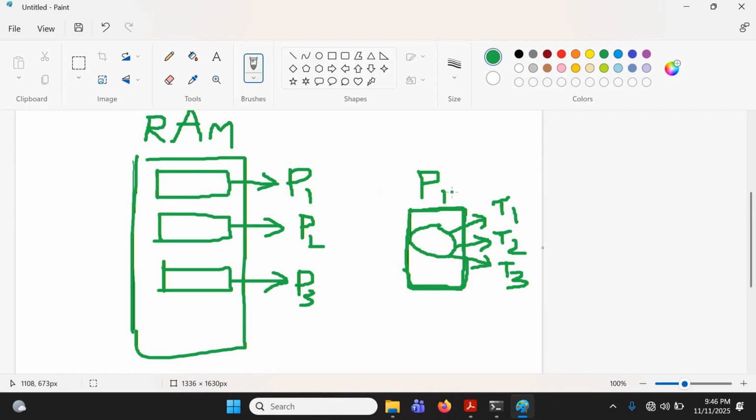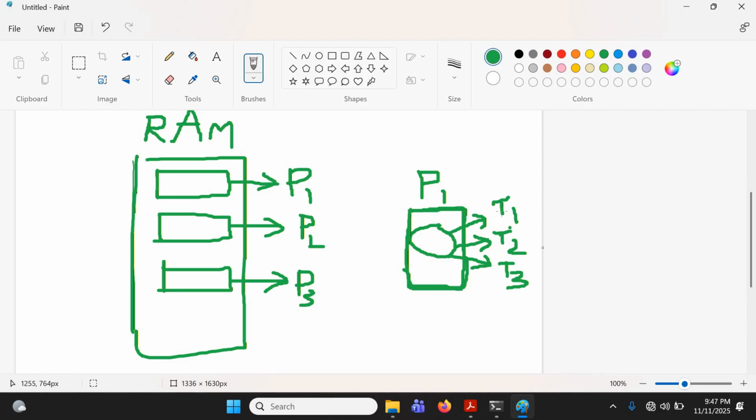We write the P1 program to accomplish a particular task, and you can divide the task into several subtasks. In this example, the task to be accomplished by P1 is divided into three subtasks, where each subtask is accomplished by one thread: T1, T2, T3. We have three threads.